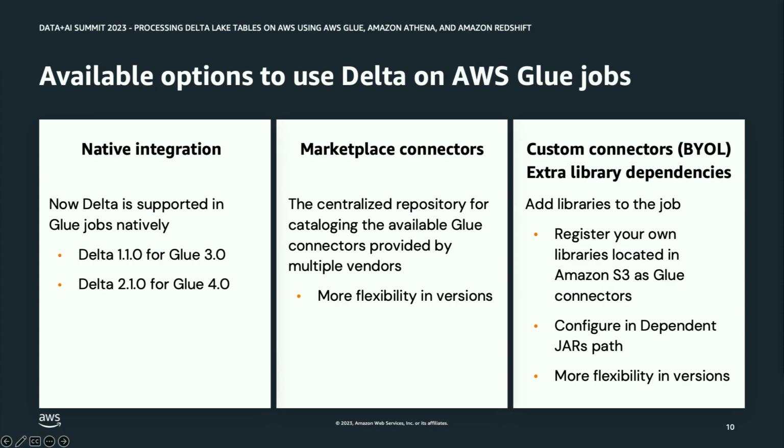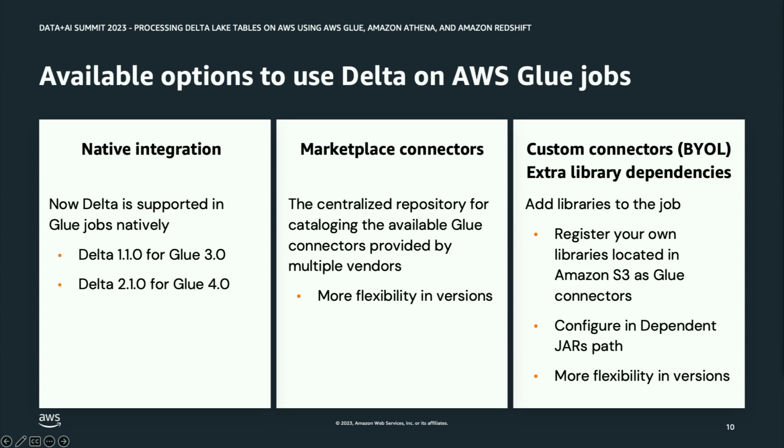This is because you would be surprised if the versions you are using in daily ETL jobs were suddenly upgraded. So we really care about compatibility. If you want to use different versions other than native integration, you can use a Marketplace connector or a custom connector.